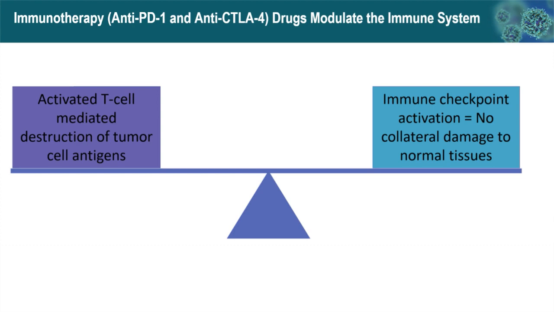Immunotherapy drugs actually modulate the immune system, which needs an activated T-cell mediated destruction of tumor cell antigens with a balanced response of immune checkpoint activation, which if there's a balanced response, then there will be no collateral damage to normal tissues.